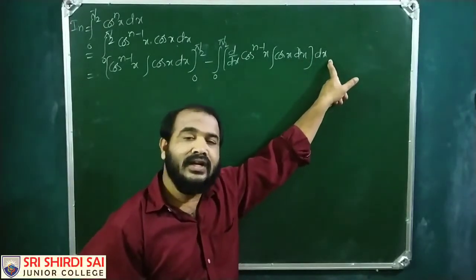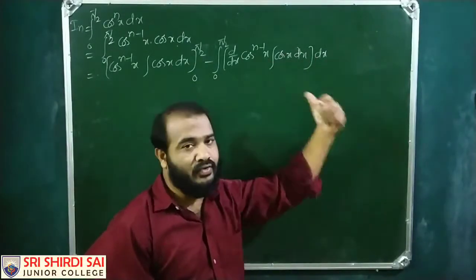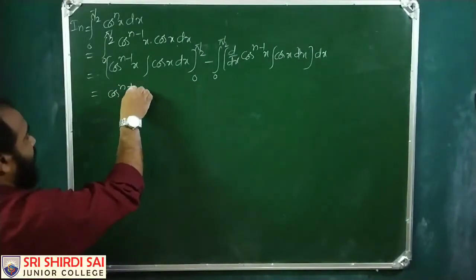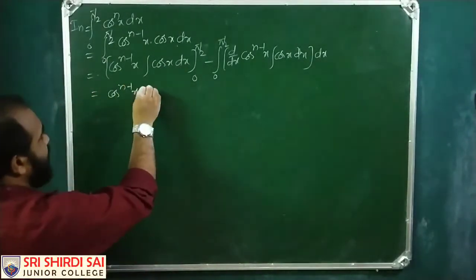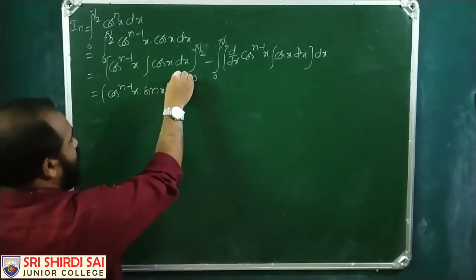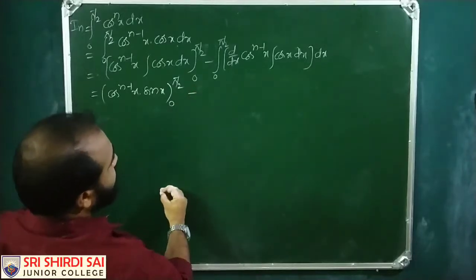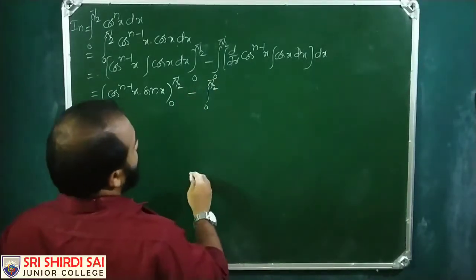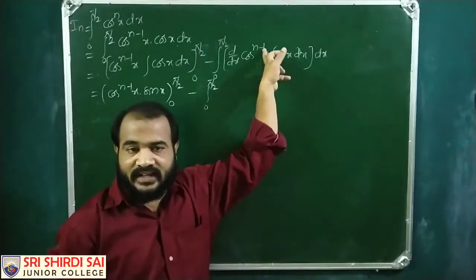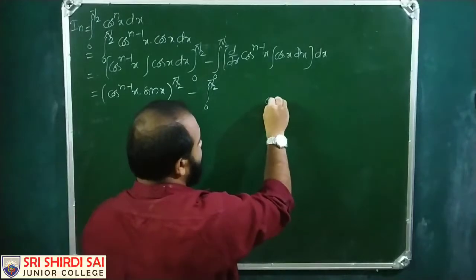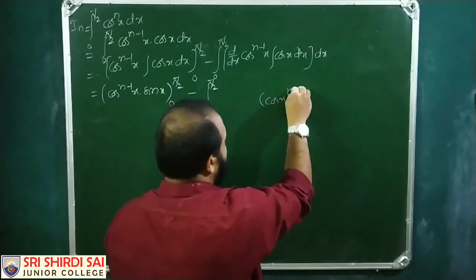This is integration by parts which you have learned before. So cos power (n minus 1) x into integral cos x dx, which is sin x, over 0 to pi by 2, minus integral 0 to pi by 2. Cos power (n minus 1) x is cos x whole power (n minus 1).